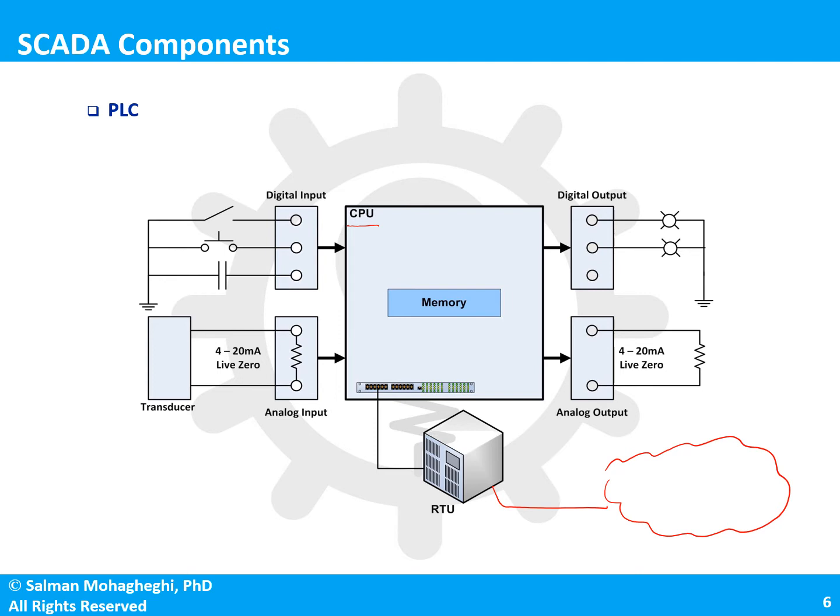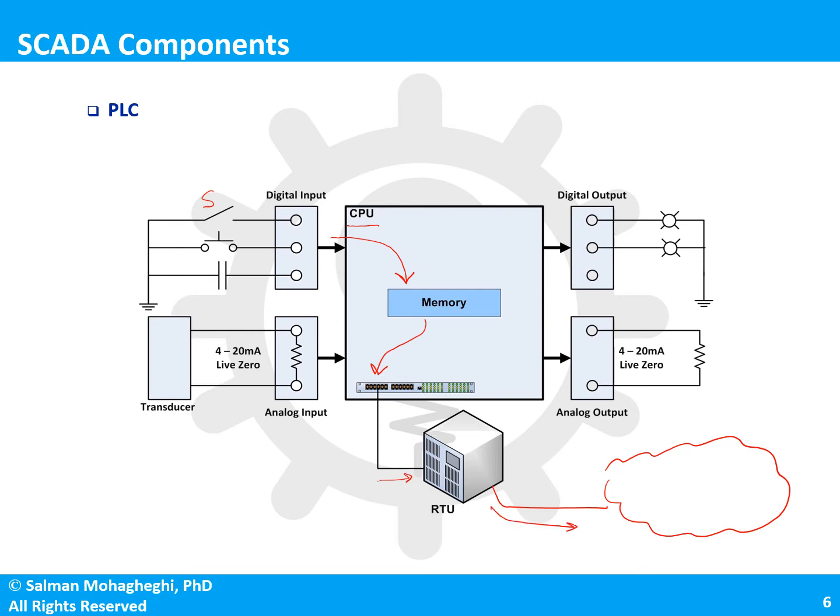Imagine if it's interfaced with a breaker, for example, the status of the breaker, whether it's on or off, would be a digital input to the PLC, which would then be reported to the SCADA system through the RTU. So that status would be reported to the PLC, stored in its memory, and then pushed into the outgoing terminal through the RTU to the rest of the system.